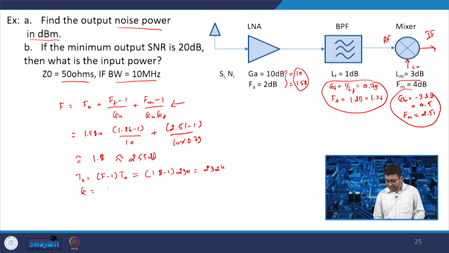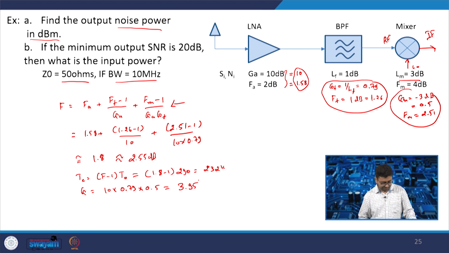That is 10 into 0.79 into 0.5, which will be around 3.95.